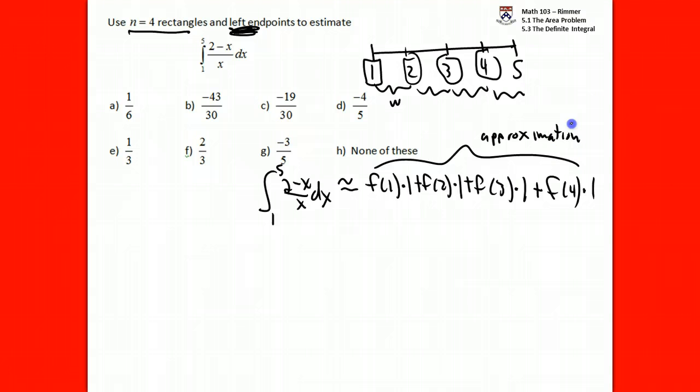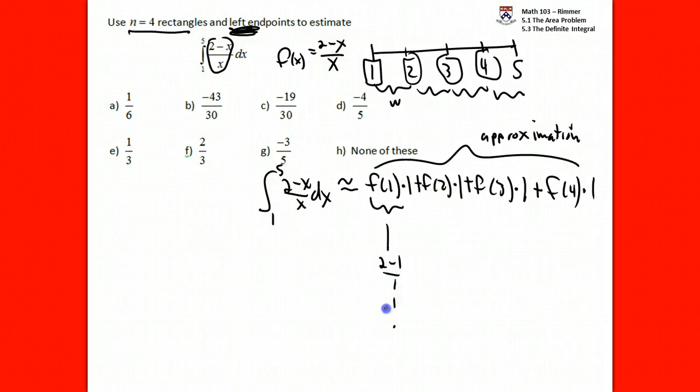We'll see why it's reasonable to ask you to do this by hand, because the function f of x is (2 minus x) over x. So plug in a 1. What do you get? 2 minus 1 over 1? That's okay. 1 over 1?